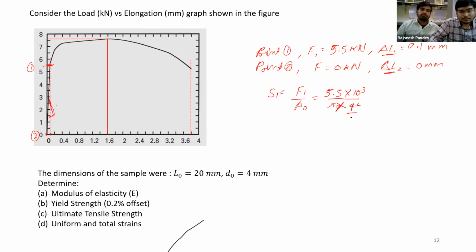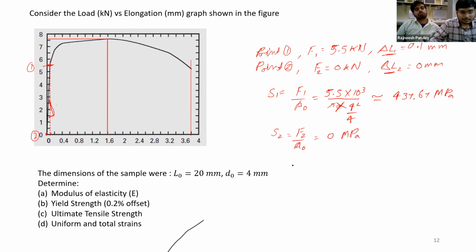So it comes out to be approximately 437.67 MPa. Remember, this is Newton per mm square, megapascals. And for S2, we'll have F2 over A0, so it will come out to be 0 MPa, because F2 is 0.